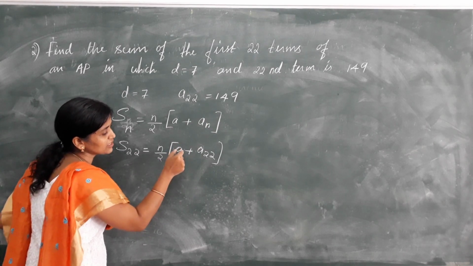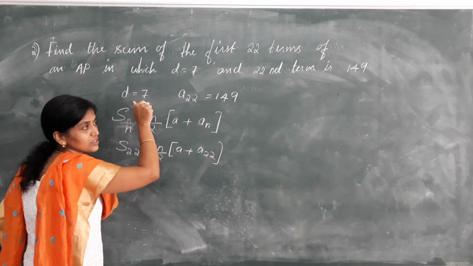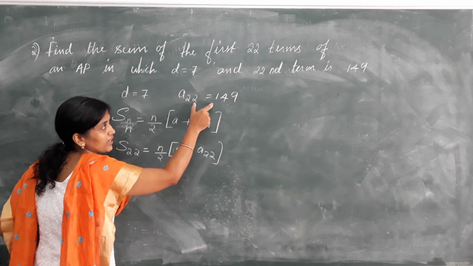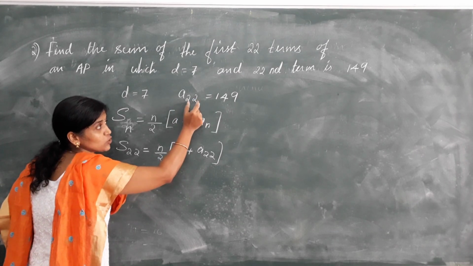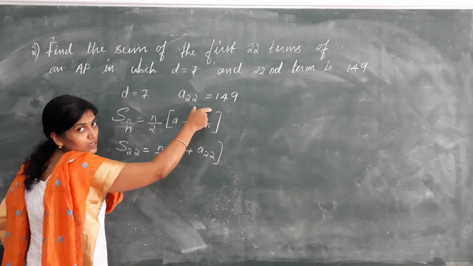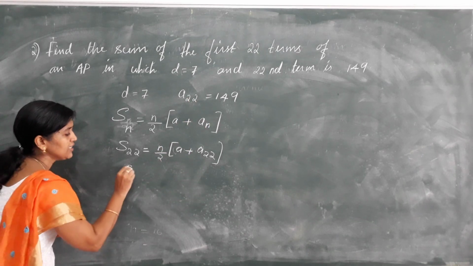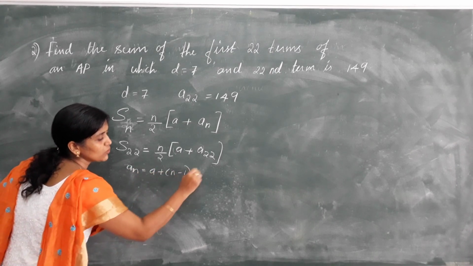To get the first term, A22 and the common difference are given to us. So we are going to find the first term from the given A22 using the nth term formula. That is, an is equal to a plus n minus 1 into d.